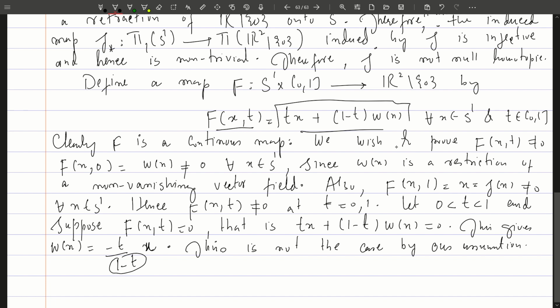So if f of x,t is non-zero, then this f gives a homotopy between the inclusion map and w.